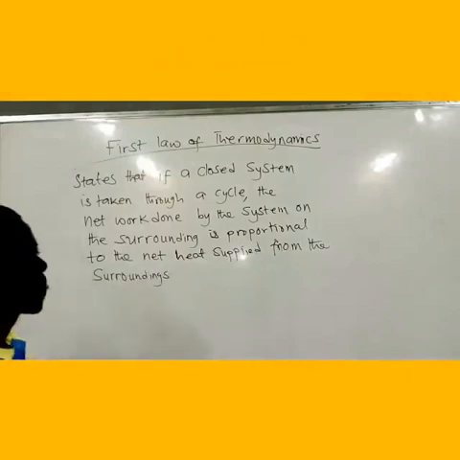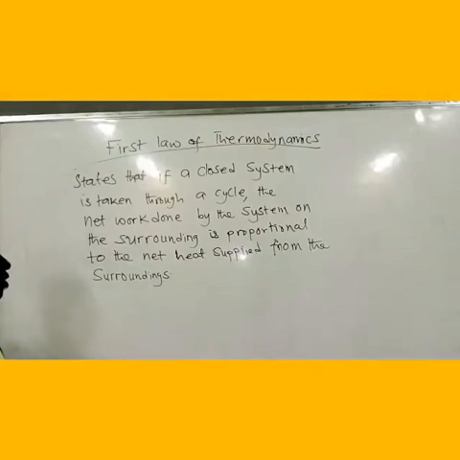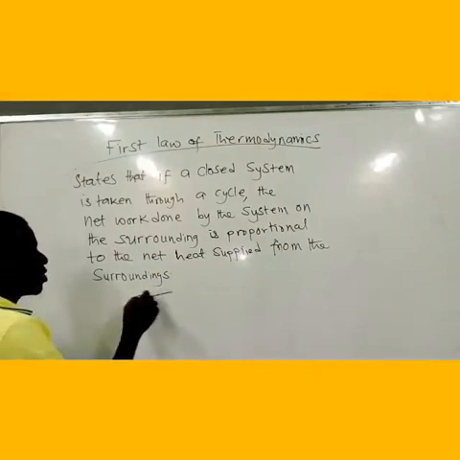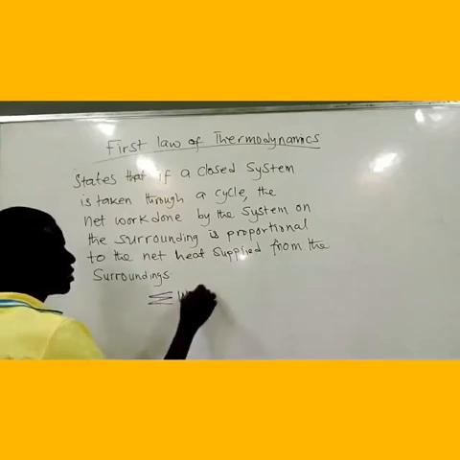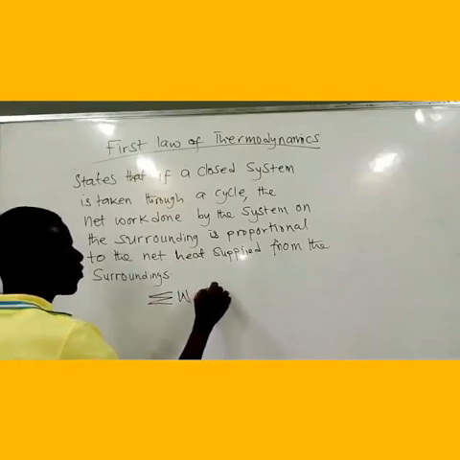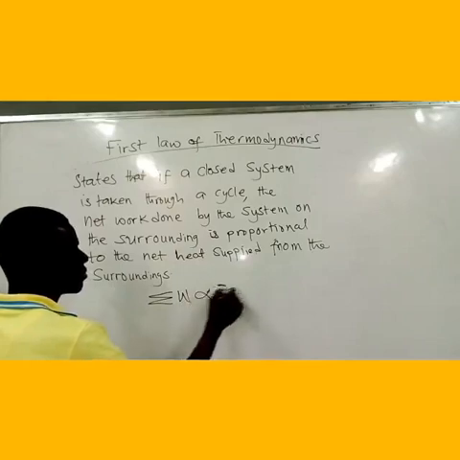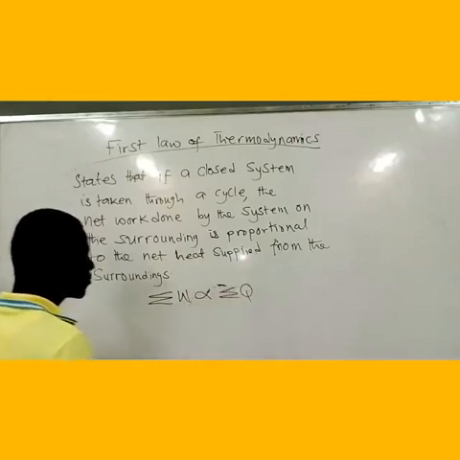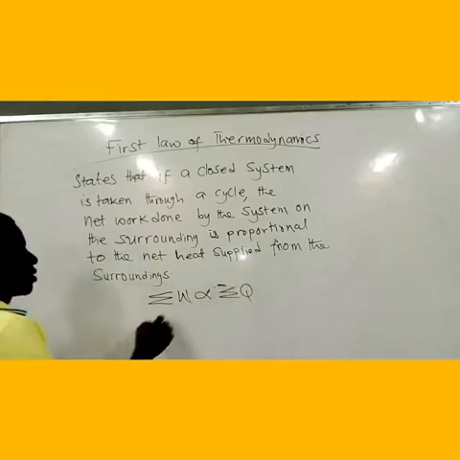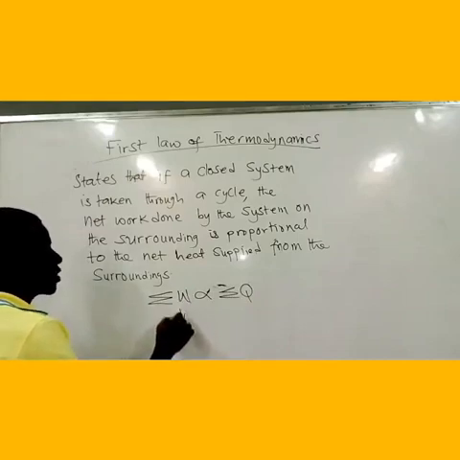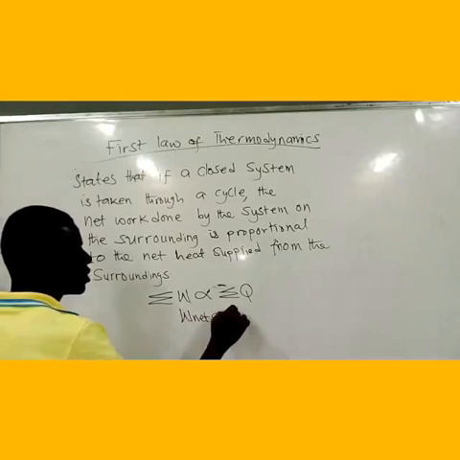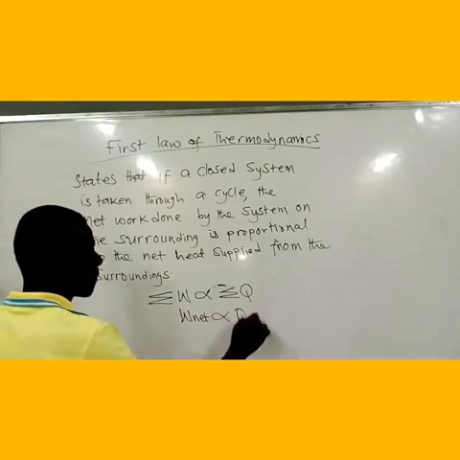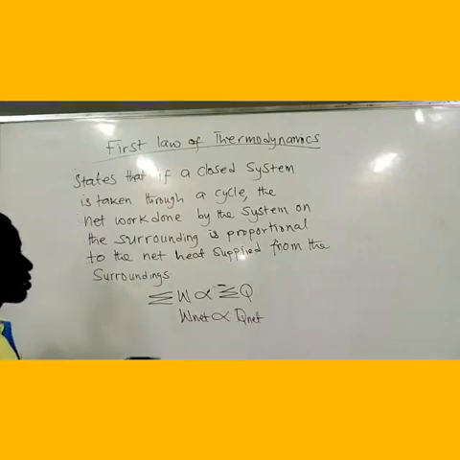Which means that the summation of all the work is directly proportional to the summation of all the heat you supply. In other words, the work net is directly proportional to the heat net. Work net is directly proportional to heat net.